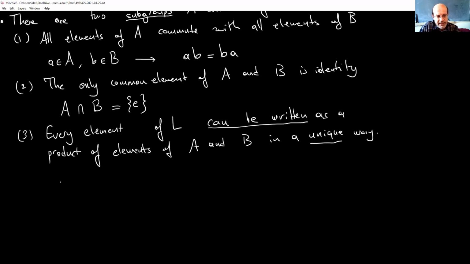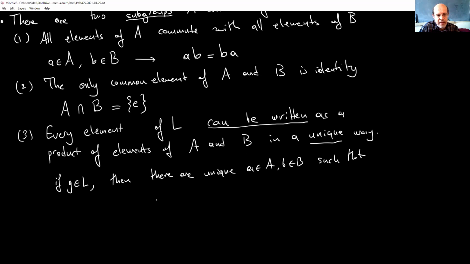So let's say it like this. If G is an element of the full group, then there are unique elements a in A, b in B, such that G is equal to ab.